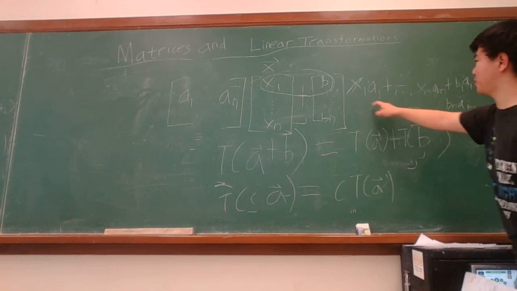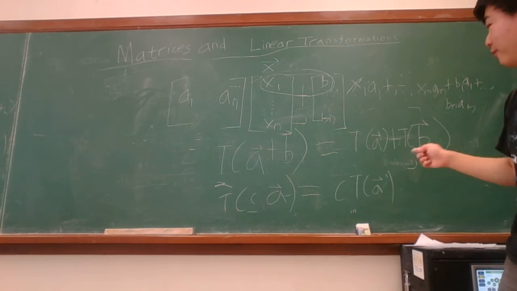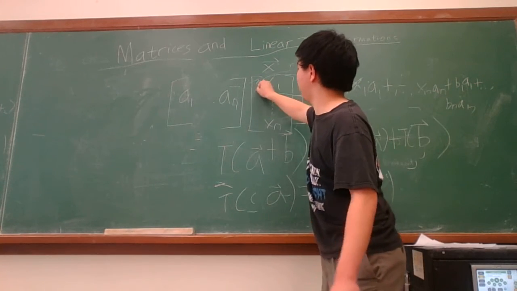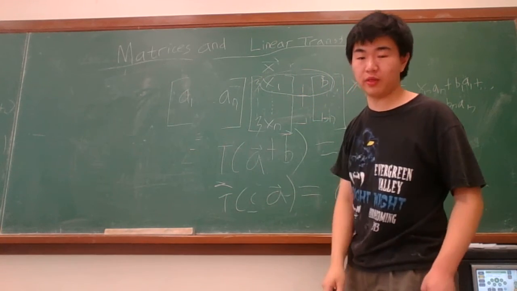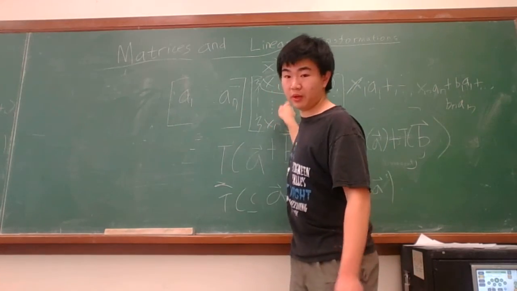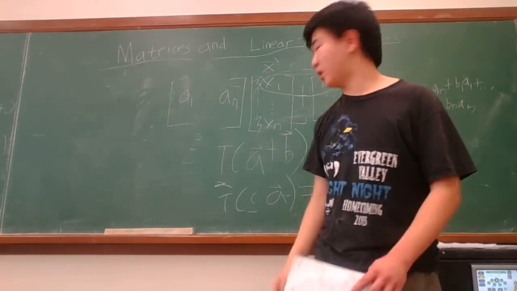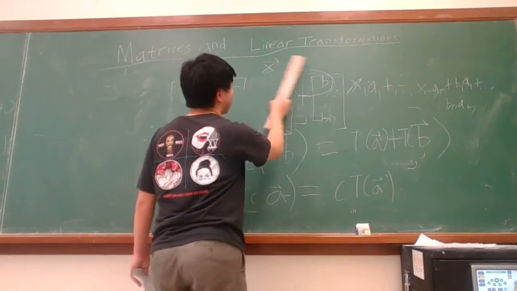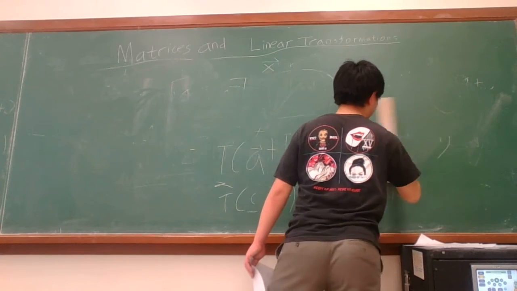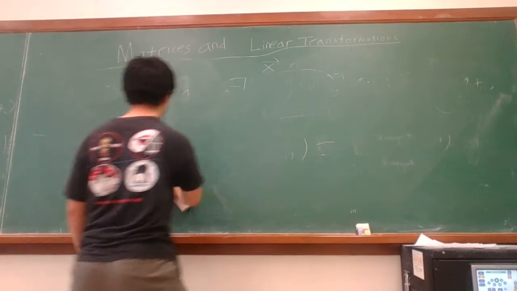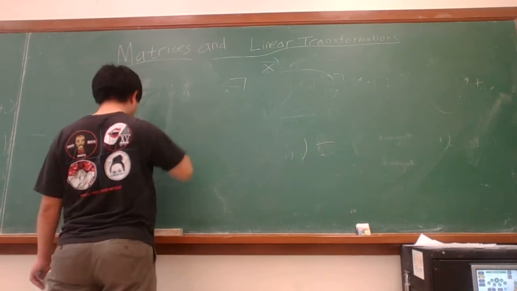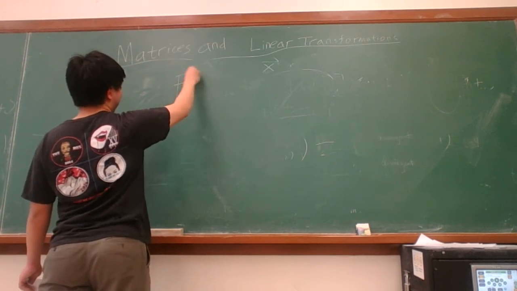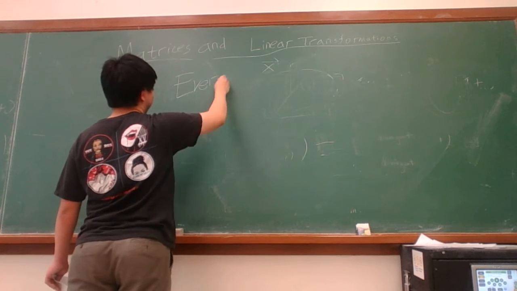And then you can distribute x1, b1, and that's the first property. And then the second property is the same thing, right? If I multiply this by like 3 and everything here by 3, and multiply this whole vector by 3, then that gets distributed here into the columns. So we have thus concluded that every single matrix multiplication is a linear transformation.